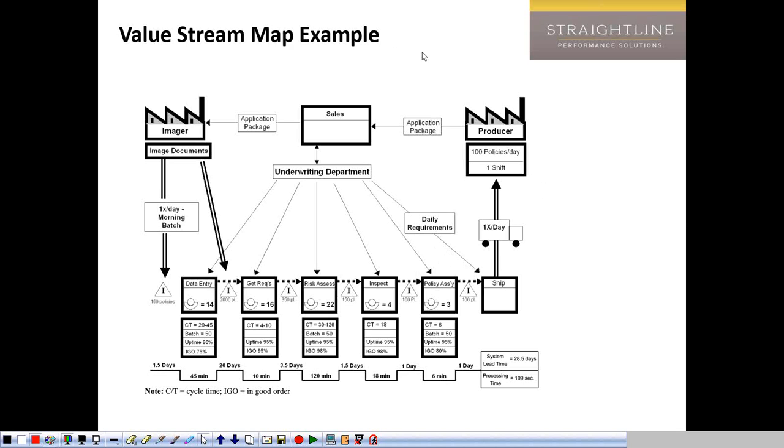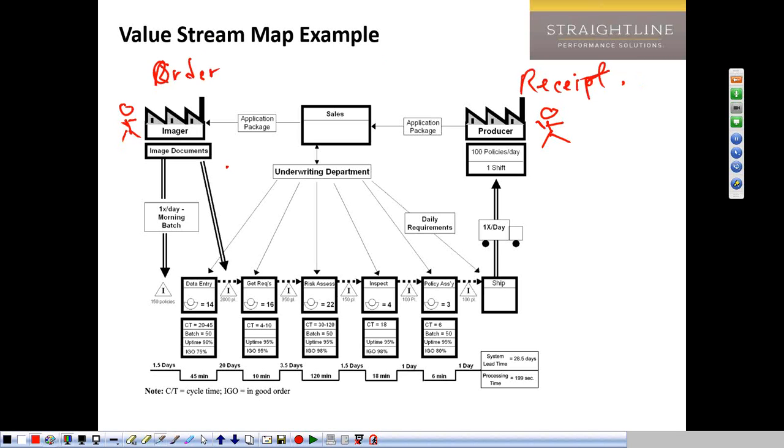Let's think about this as a sort of SIPOC level, high level. Let's break down what's here. First case, this is showing customer to customer. So this is a customer here and a customer here. The idea is you're usually putting order to cash, or whatever it is.